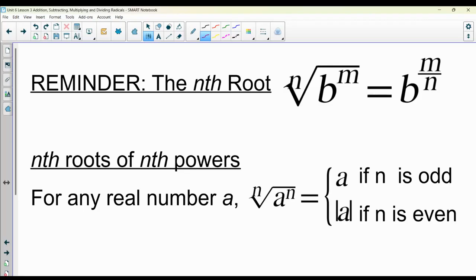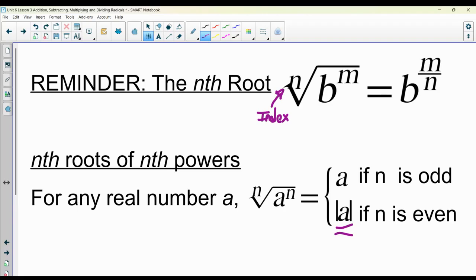Now, a recap on some vocabulary words. The n that's in here is called the index. If the index is even, then we need to consider making sure that nothing inside will ever be negative. And the way that we do that is through these absolute value bars.